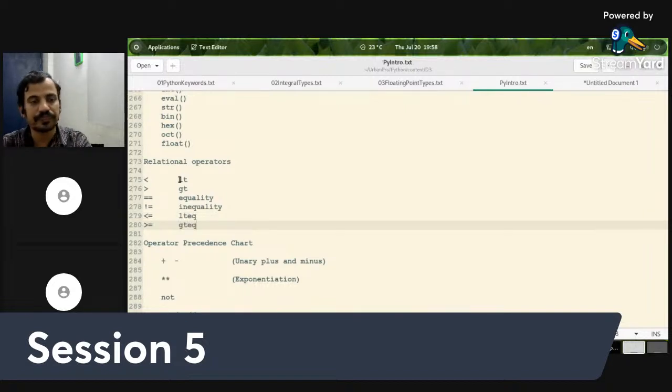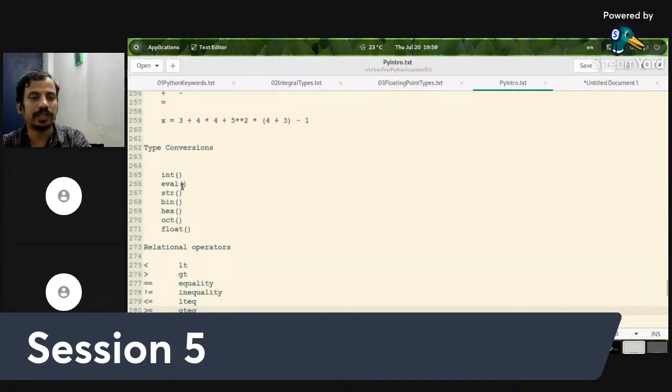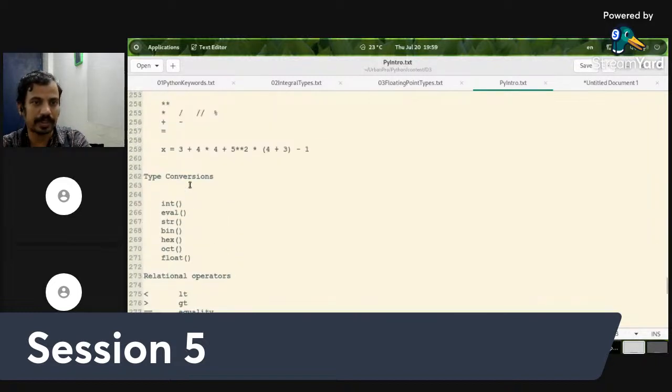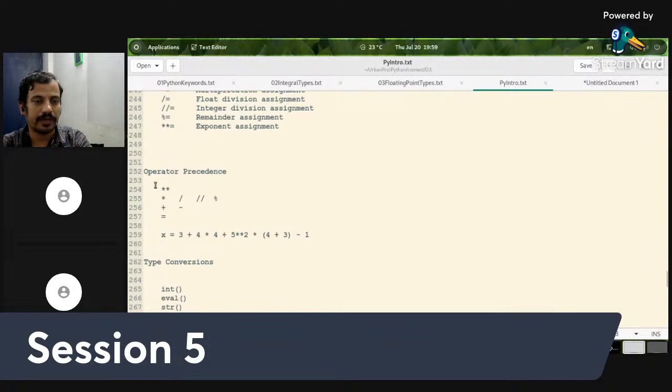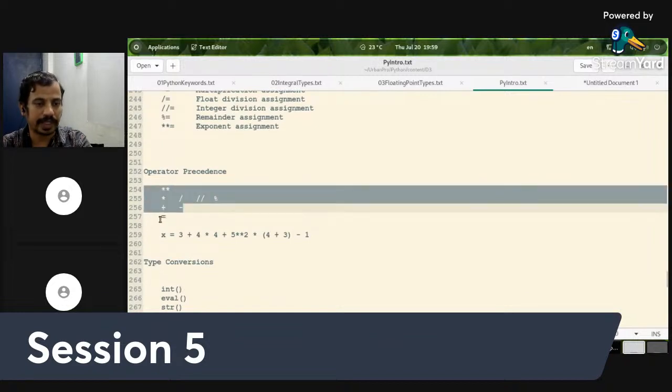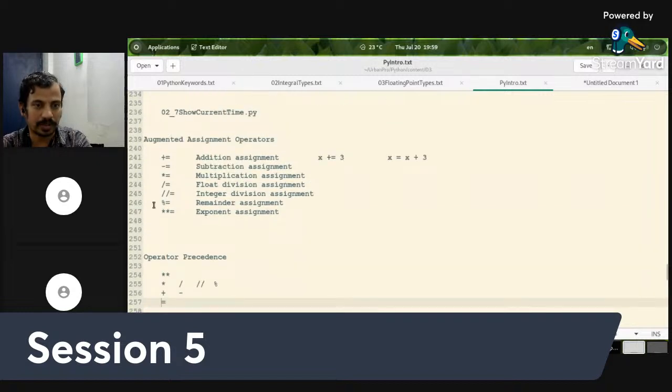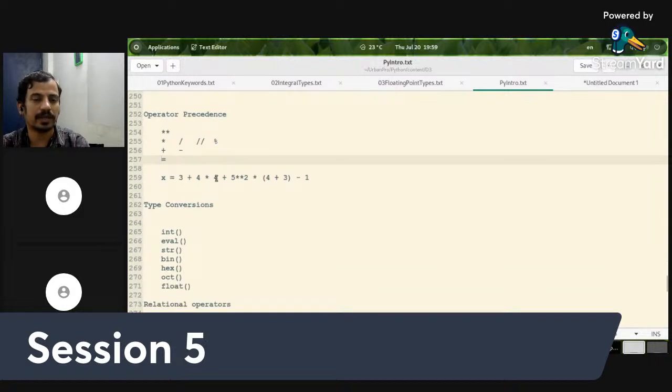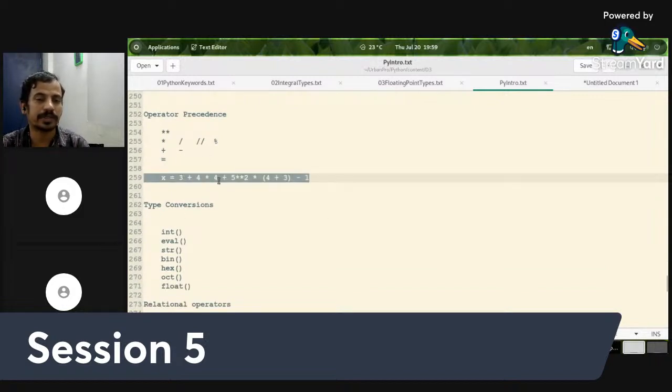Now we studied relational operators, the arithmetic operators, the assignment operator, and the compound assignment operators. So we can write complex expressions which involve all these operators together.